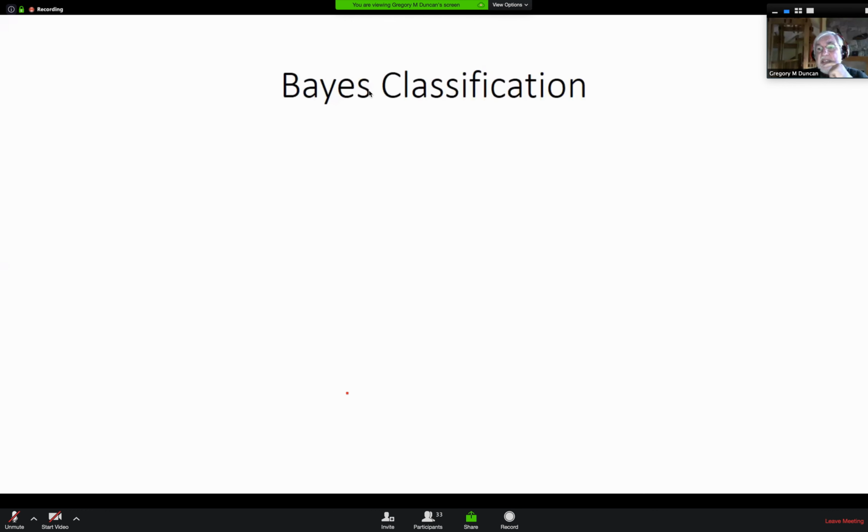This leads us to the Bayes classification, or the Bayes classifier. Here's how we're going to predict. We're going to predict y0 will be equal to 1 if the probability at x0 is greater than 0.5, and we're going to say it's 0 otherwise.